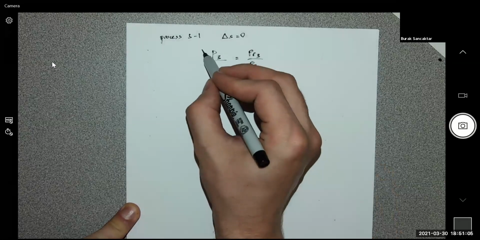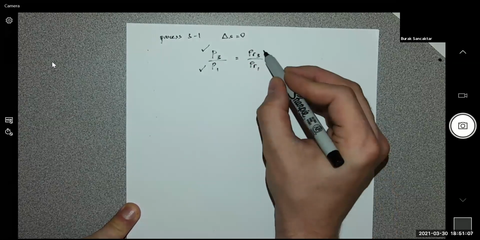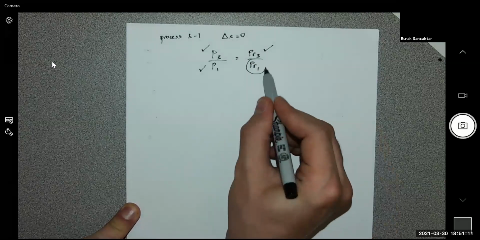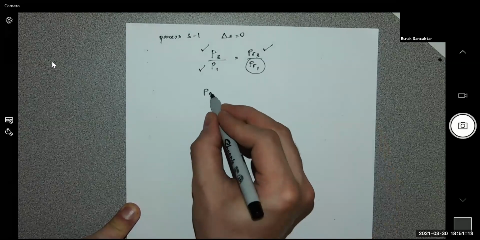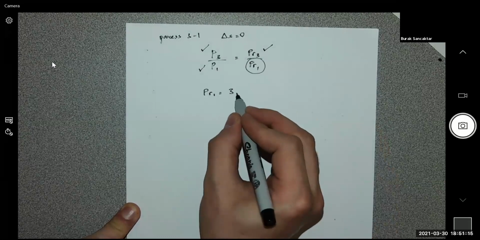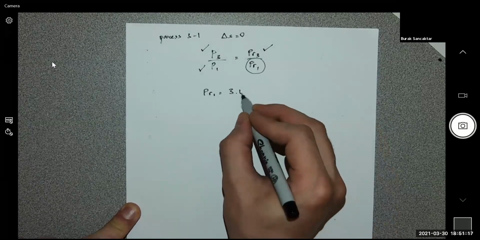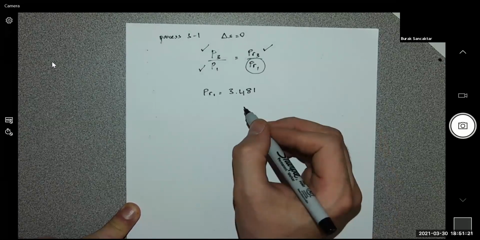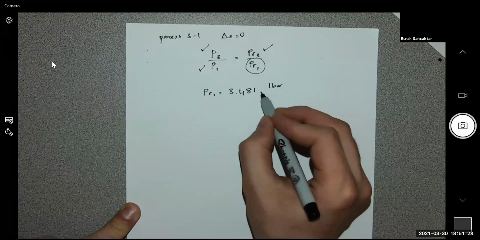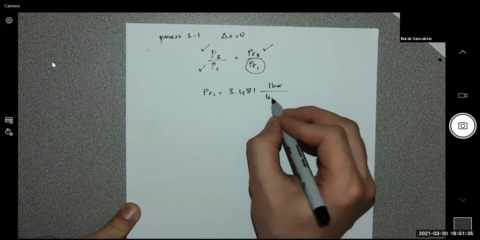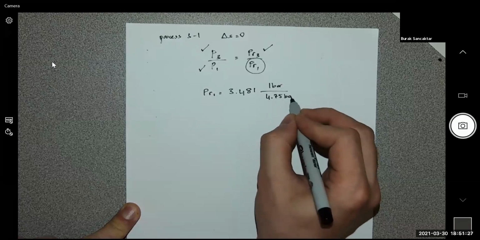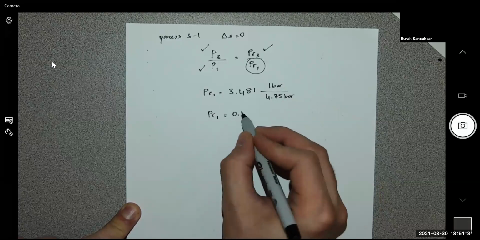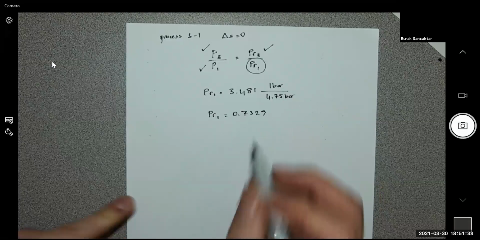I know my P3, I know my P1, I also know my PR3, so I can calculate my PR1. PR1 here will be 3.481 times 1 bar over 4.75 bar. So PR1 is 0.7329.